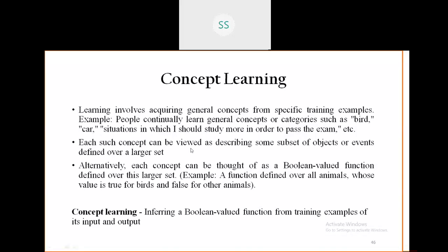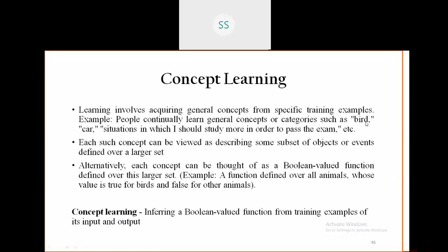And each such concept can be viewed as describing some subset of objects or events defined over a large set. Each of the concepts is viewed as a subset of objects or elements or events defined over a larger set.